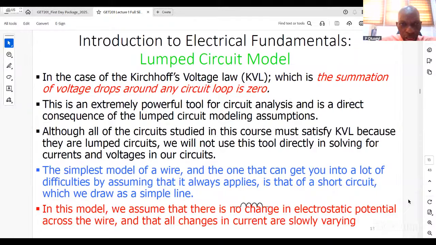In the case of the lumped circuit model, we still have some other information, which you may not necessarily have to write down.